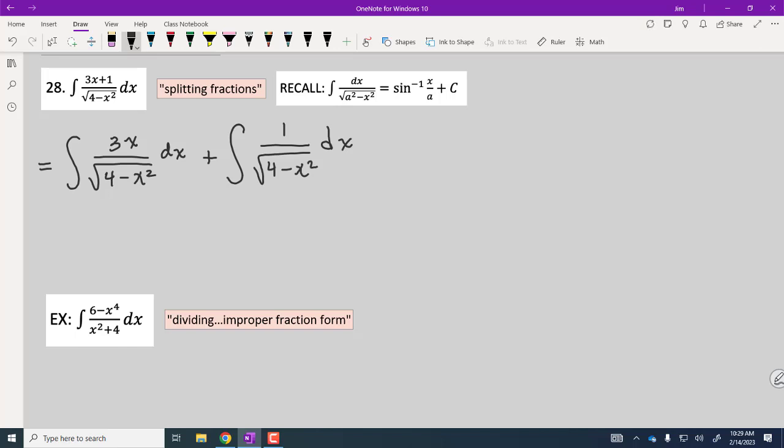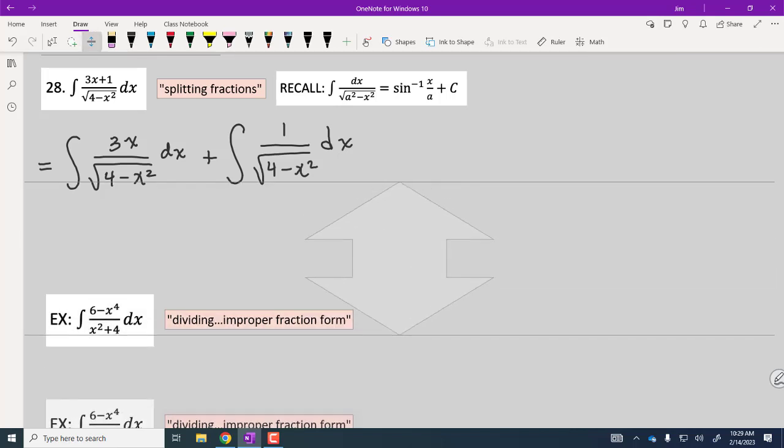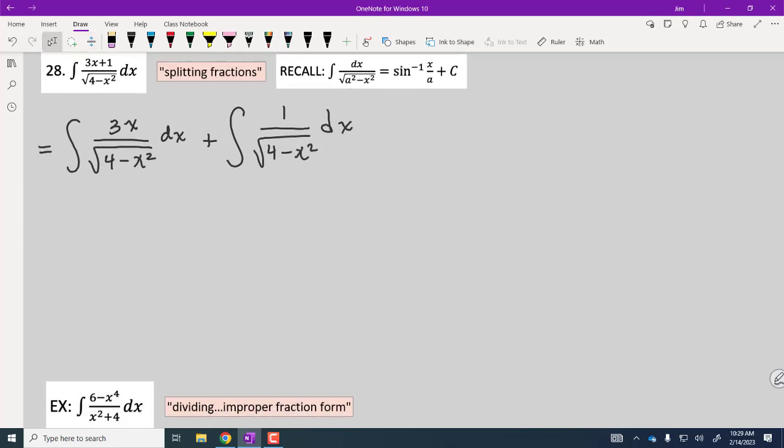So that denominator gets distributed into each term in the numerator. The second one, at this stage, we're just going to use the integration table. We're going to learn in the coming sections how to recognize it and how to do another technique that will give that to us. But at this stage, we're just going to recognize that this is an arcsine.